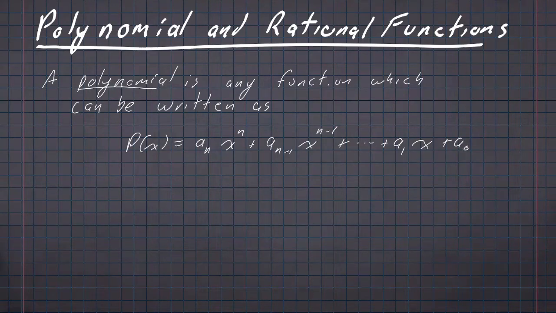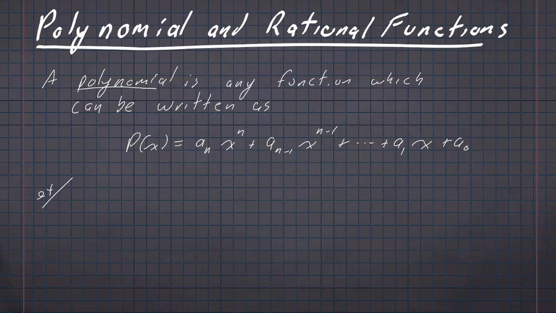So if you can write the function as a string of powers of x, then that function is a polynomial. If there are other things in the function, then chances are it's not a polynomial.